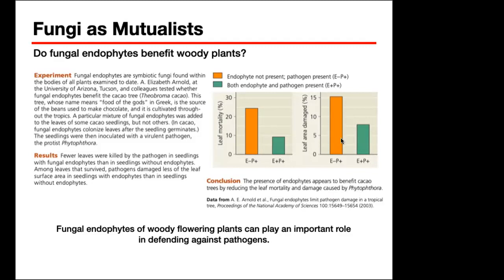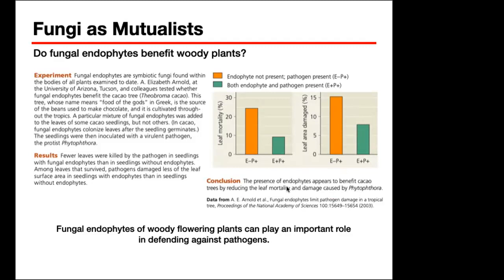Okay? That goes the same. This is further corroborated by the data on the leaf area that's damaged. So when there was no mycorrhizae, what happened? It was around 15%, but it lowered to almost half, 7.5%, when mycorrhizae was present.